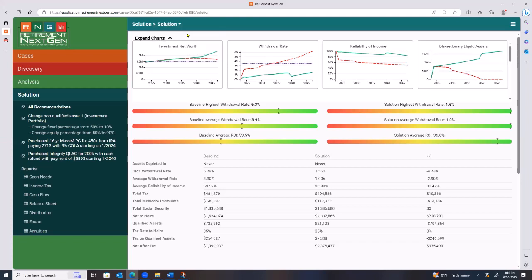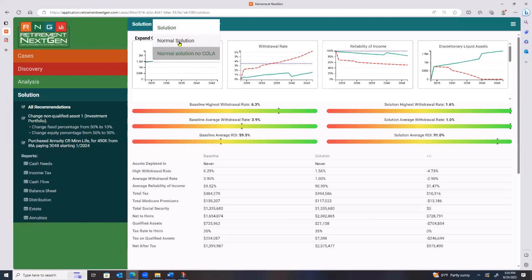Now let's look at my solution. What did I do? Let's look at the numbers from the COLA versus that. That's 975. I've got a 1% average withdrawal rate, 1.6 is a high, 91% income. Let's look at the solution with no COLA.